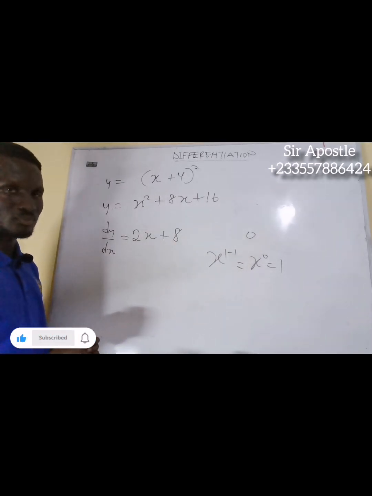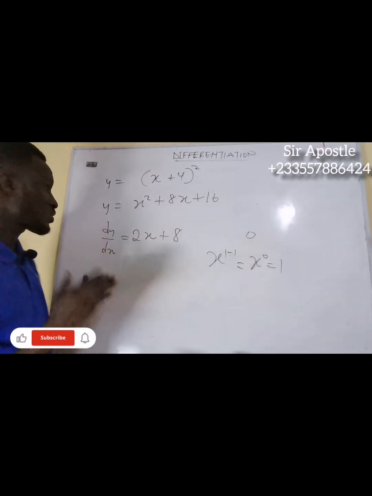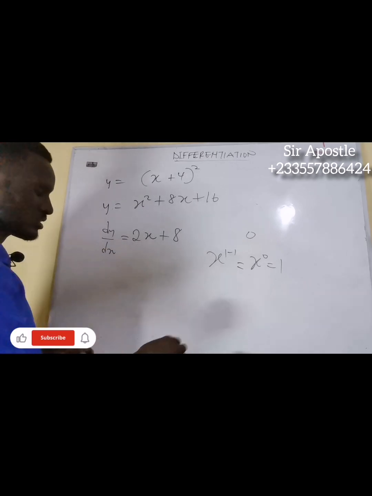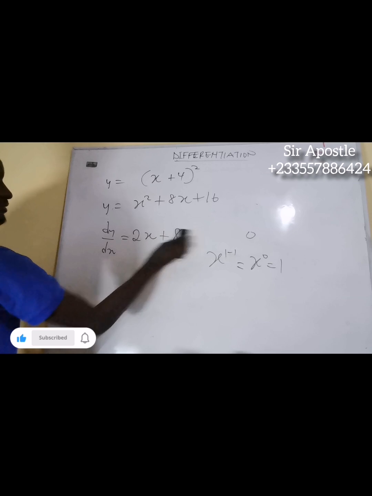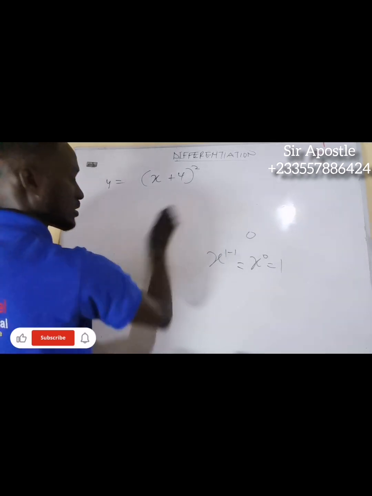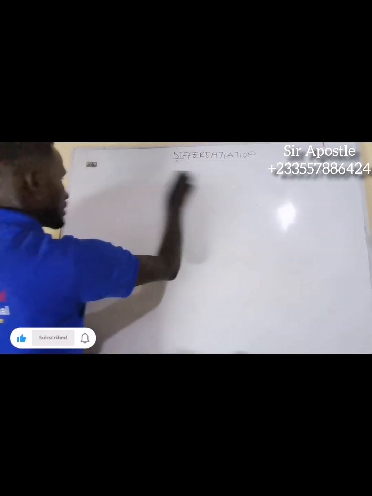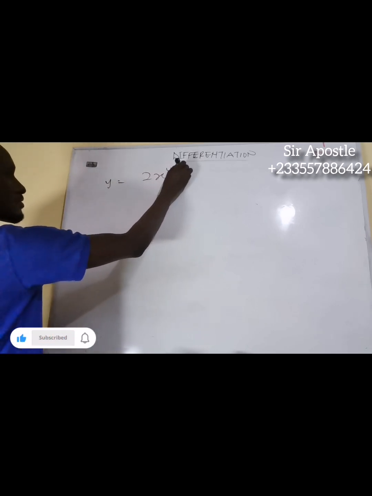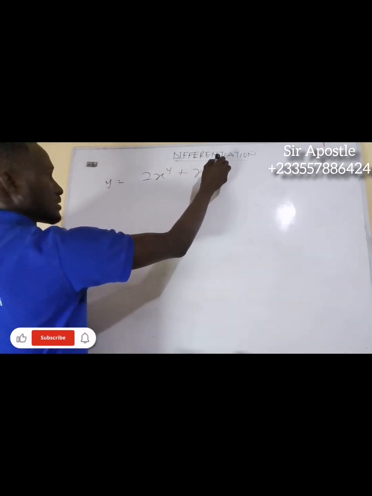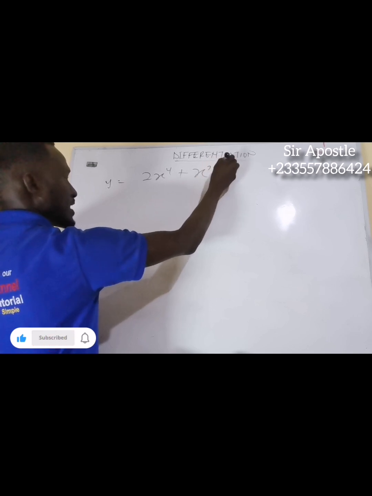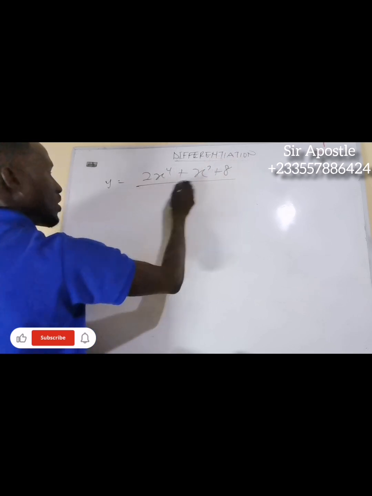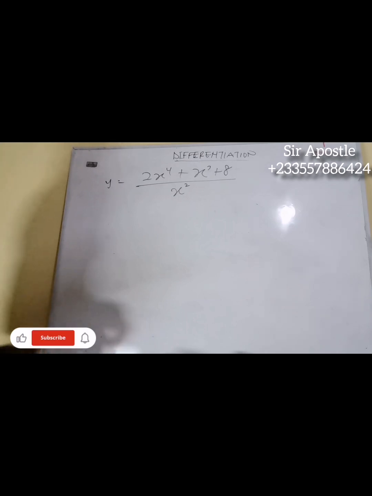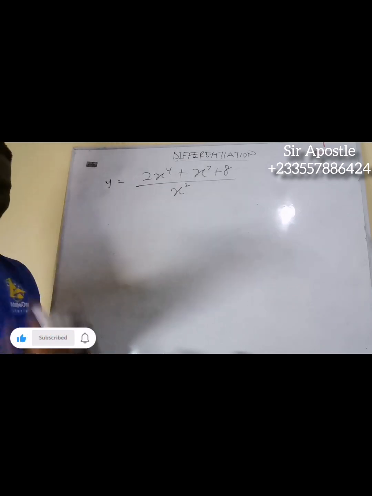Sometimes you can even get a rational function where you can use this one to differentiate. Now let me go to another one. If y = (2x⁴ + x³ + 5) all divided by x², how are we going to differentiate this one? When you are differentiating this one, you have to relax.